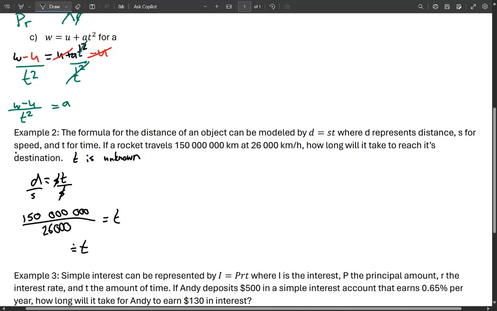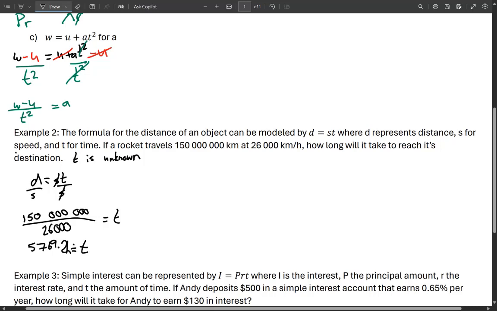Then we're going to grab our handy dandy calculator and work through this. So I actually just have a calculator in person here. And I got 5,769.2 hours.